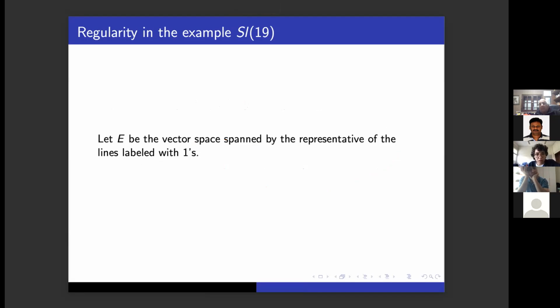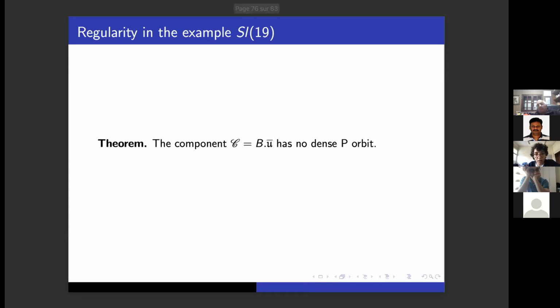One more notation: I denote by big E the vector space spanned by the representatives of the lines labeled 1. And I will show you that the component C has no dense P orbit, where we were hoping to have a component be a P orbit.